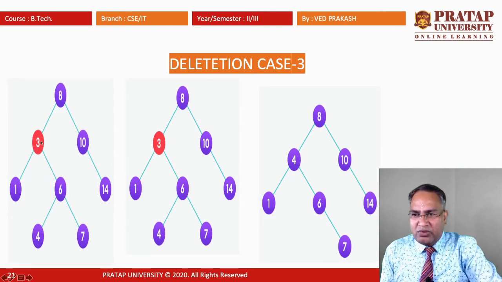So when we remove this node, we have to replace it with the in-order element 4. This element will be shifted here, and our required element will be removed from here. So it is necessary to follow the in-order processing. Here we can observe that 4 was shifted here, and these elements are there.